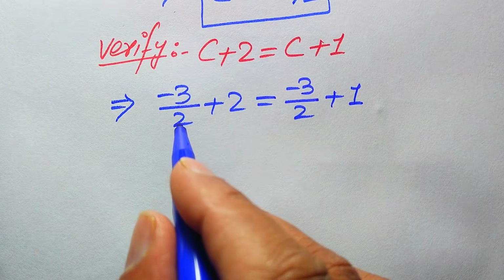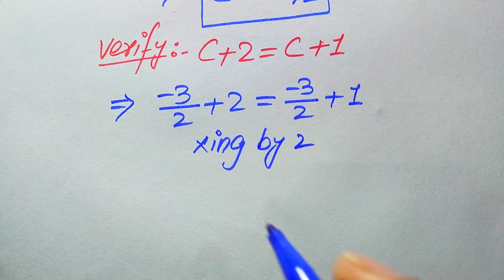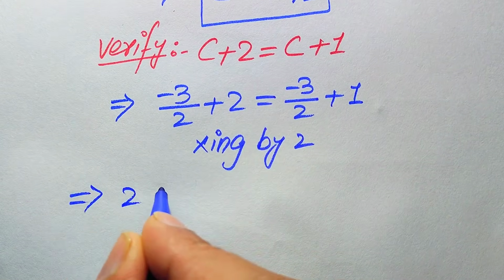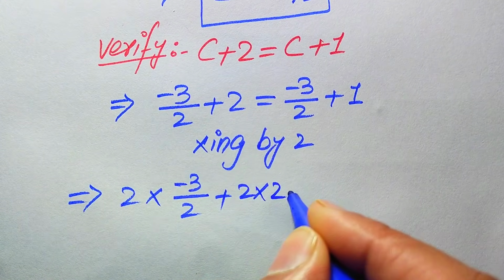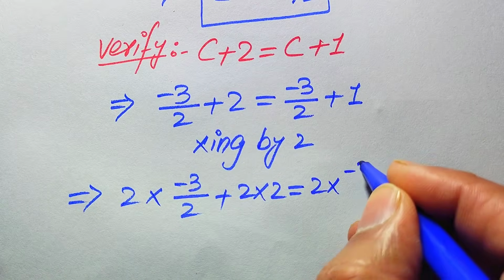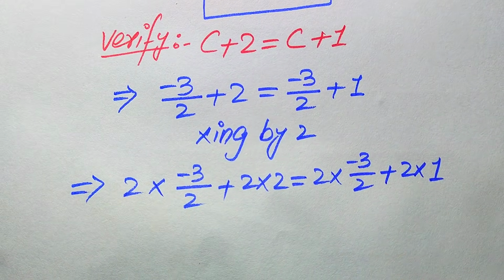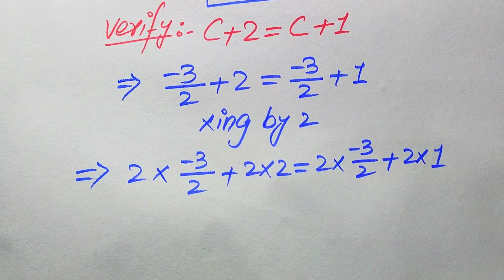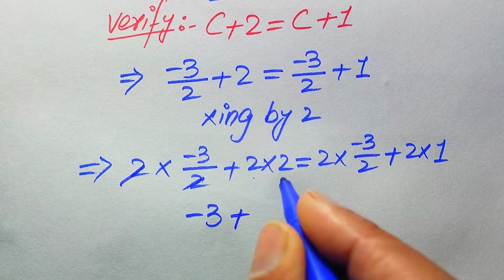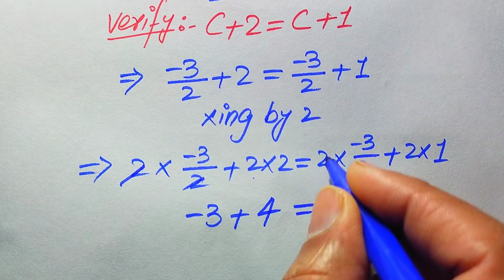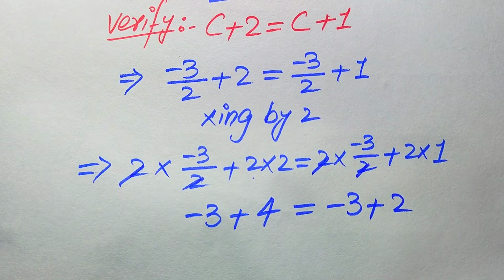In order to remove the fraction we multiply both sides by 2, multiplying each term. The 2 and 2 are gone, and we get minus 3 plus 2 times 2, which is 4, equals minus 3 plus 2 times 1, which is 2.